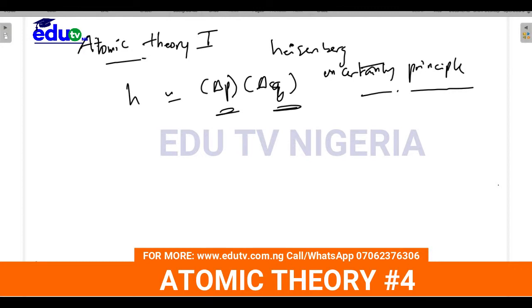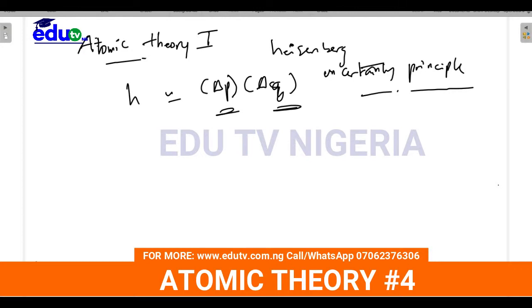We won't go into the limitations of Bohr's theory in full. We're going to talk about the Zeeman effect and the Stark effect. One very important limitation is that Bohr's theory can't explain the wave particle duality of an electron.